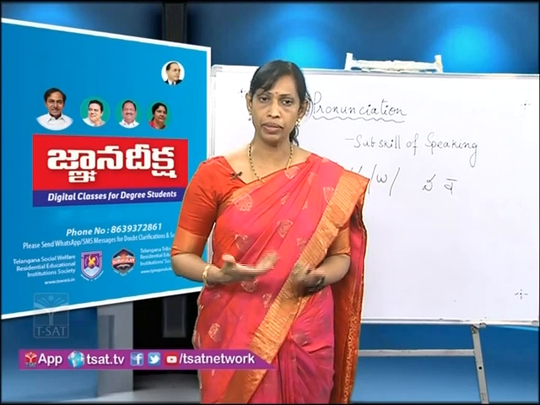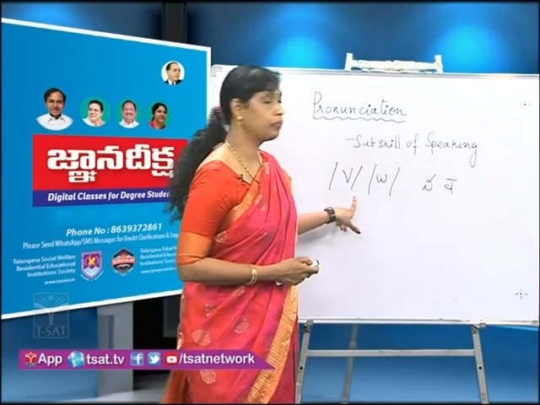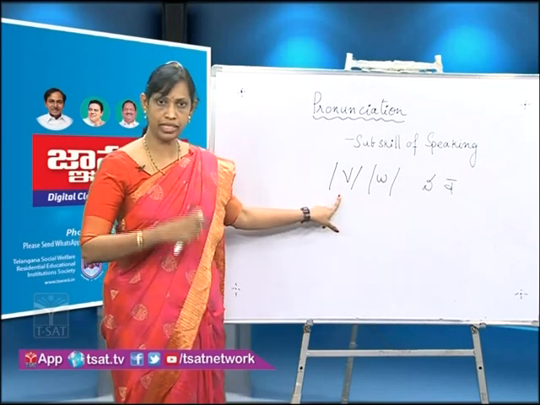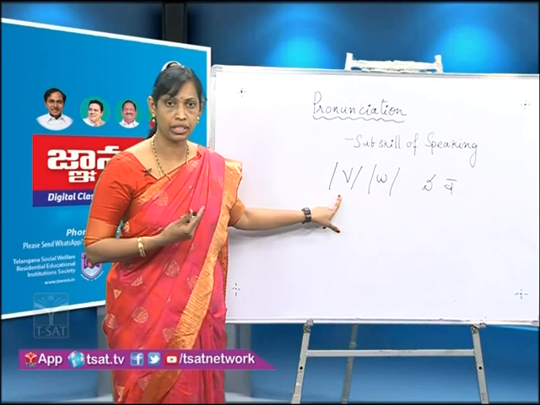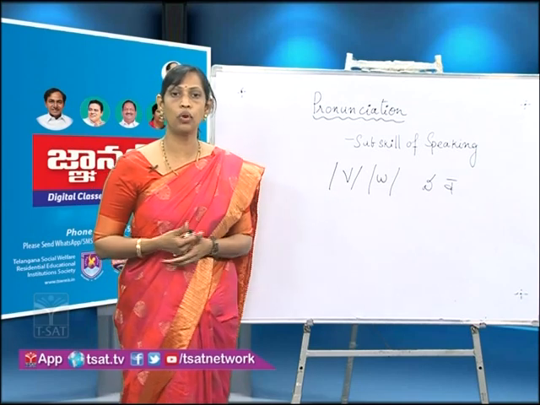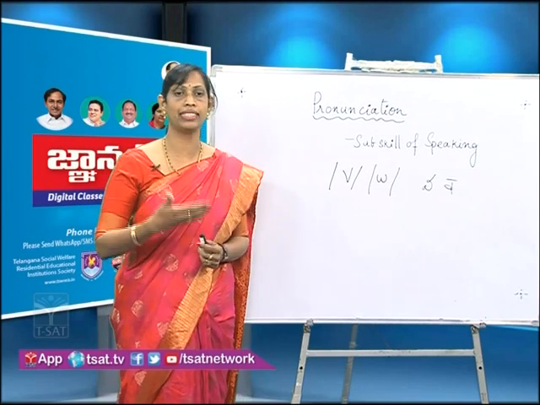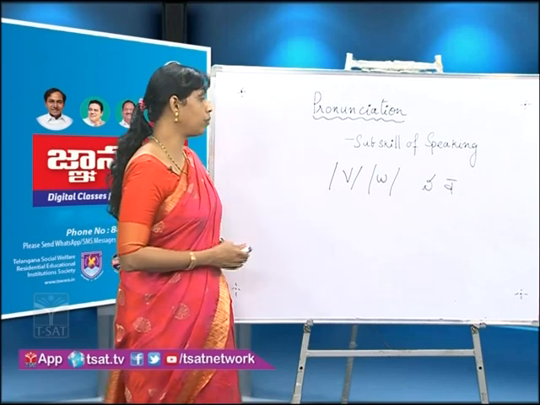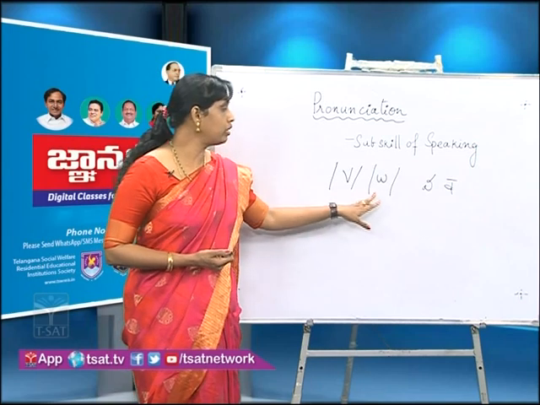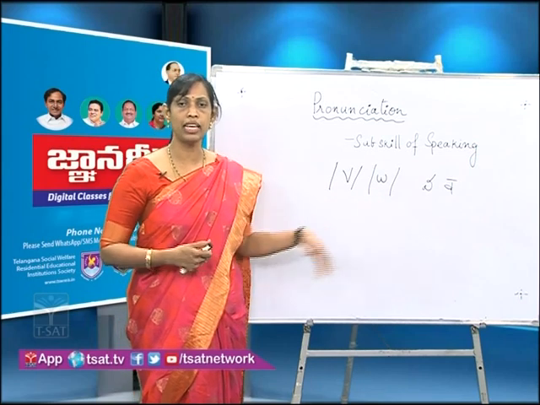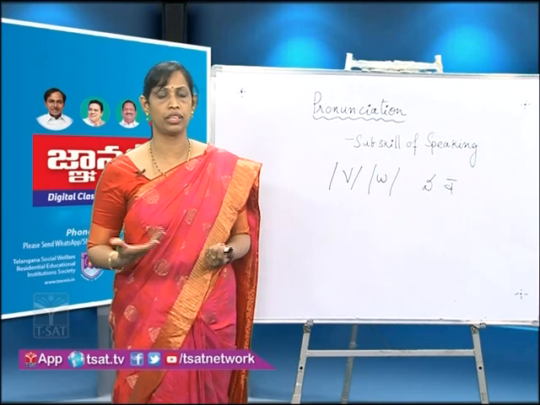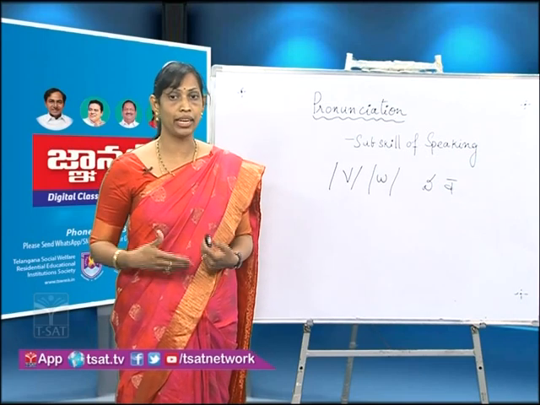But here, as we have discussed, this v is a fricative, because the sound comes out with friction. The articulators involved here are lower lip and upper teeth, hence it is called labiodental fricative. And here w is a semi-vowel, that is when you articulate this sound, the sound comes out freely without any friction. So it is v and w.